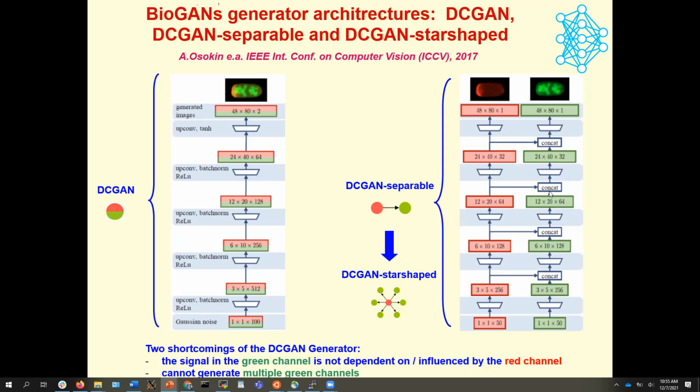And then you proceed from that concatenated image and continue to do what this network suggests. So you do the upper convolution, which will simultaneously convolve both the red channel and the green channel.